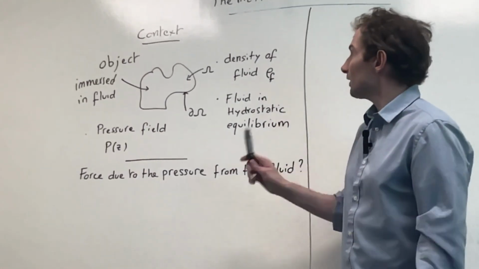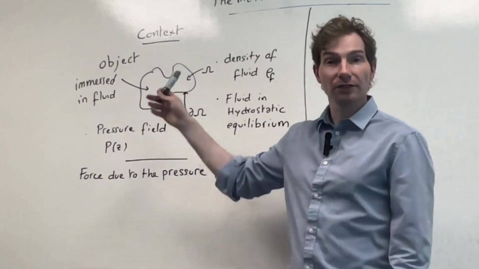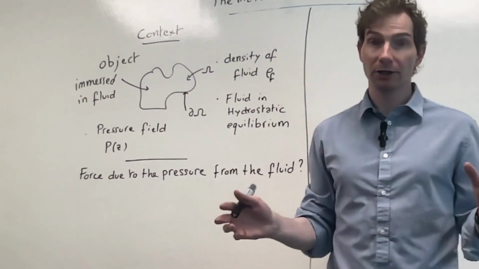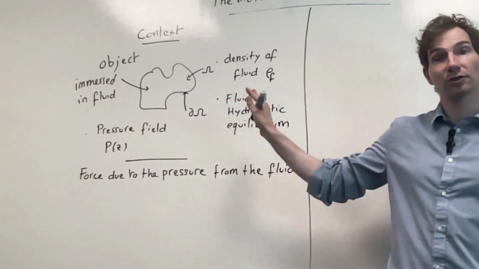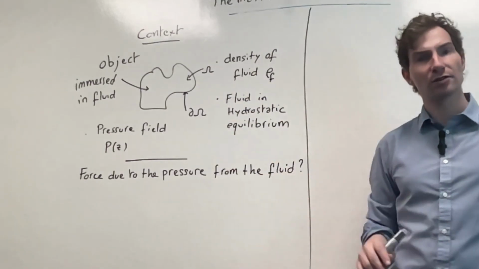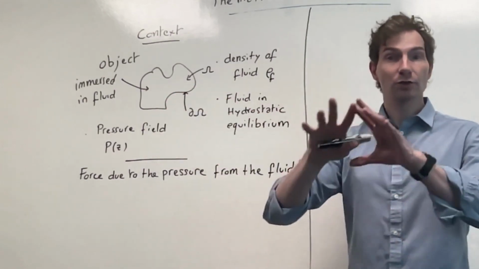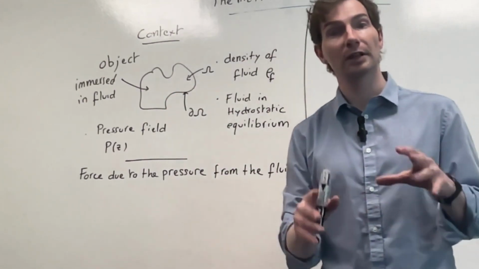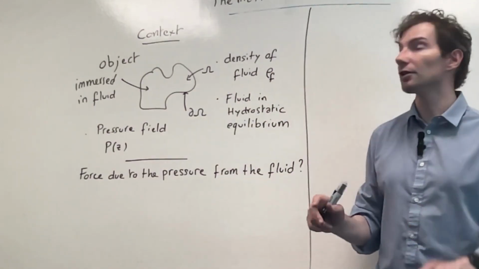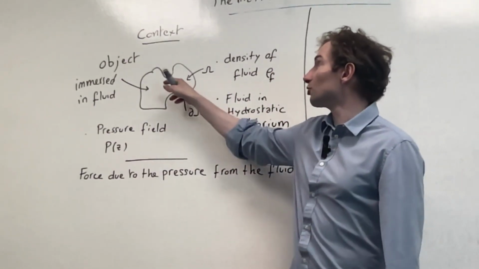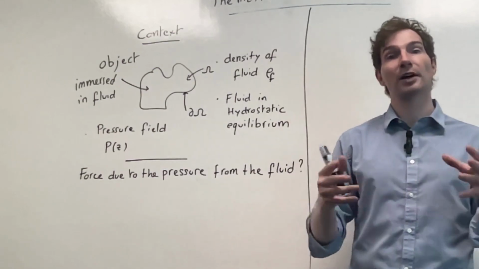So here we consider an object of completely arbitrary shape. It looks a bit like a puzzle piece, that's kind of what we have. You need to imagine this object in 3D, by the way. So that's a three-dimensional object, and the domain that is occupied by this particular object.